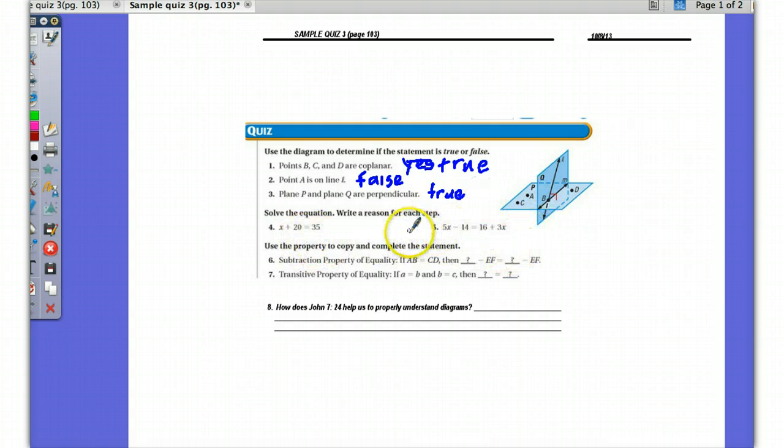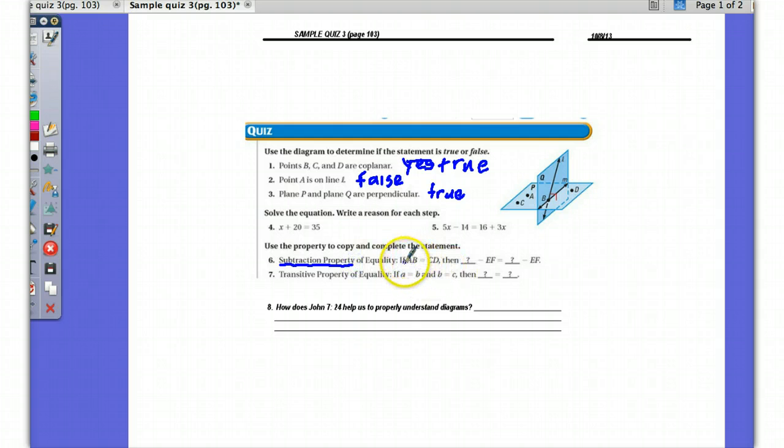Numbers 4 and 5, I'll go to the next page so we'll have room for these. In fact, I'll go to the next page afterwards, but let's just do these 6 and 7 while we're on this page. Instructions: use the property to copy and complete the statement. So the first property we're going to be looking at will be the subtraction property, and this simply means that we subtract the same thing from both sides.